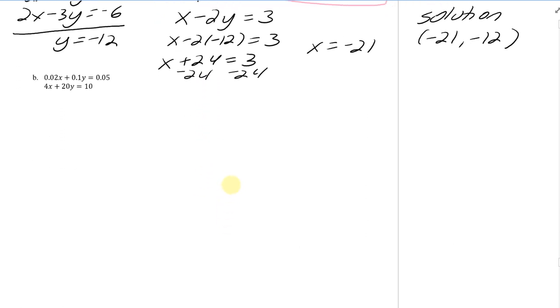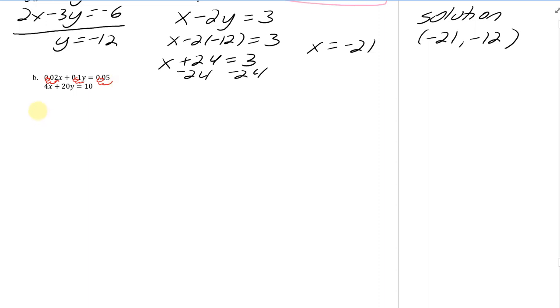Okay, so for this other one, I just wanted to remind you of what we do with clearing decimals. Notice the second equation doesn't have decimals, it's just the first equation. So with this one, I want to count the maximum number of decimal spots, and that's 2. So I'm going to move each decimal 2 spots.